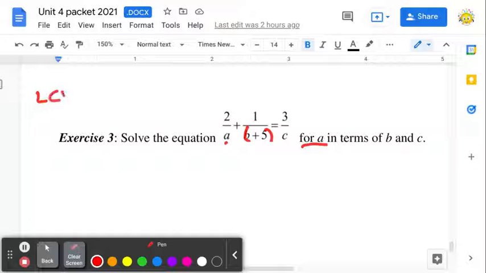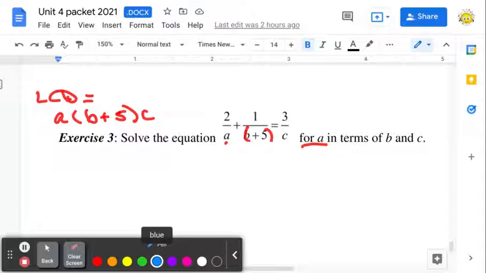So our least common denominator is A times B plus 5 times C. To save some space, I'm just going to write on the top what I'm going to multiply by, C times B plus 5.